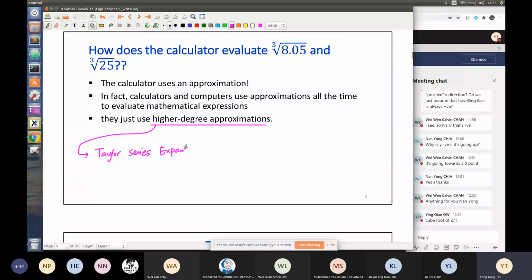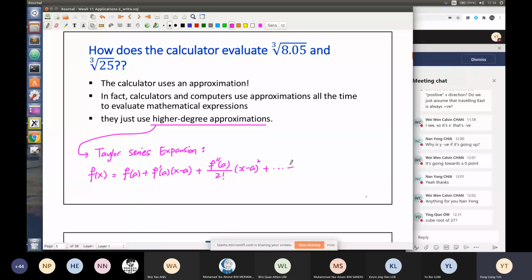Don't worry too much about this, but I'm just going to show you the Taylor series expansion. The Taylor series expansion of some function f of x is given by this form: f of a plus f prime at a times x minus a, plus f double prime at a over 2 factorial times x minus a squared, plus dot dot dot.